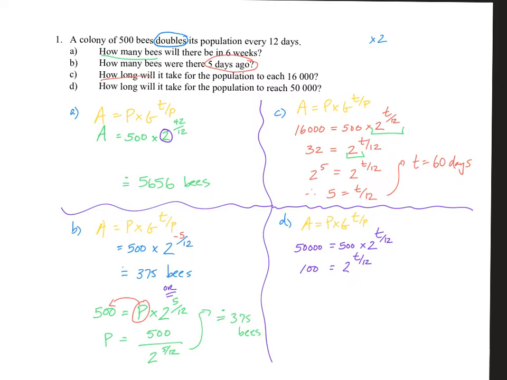If I can't write 100 as a power base 2, then this is where we use that property where we can use logs to solve. As a reminder, what that would state then is that my exponent equals the log of the result divided by the log of the base.